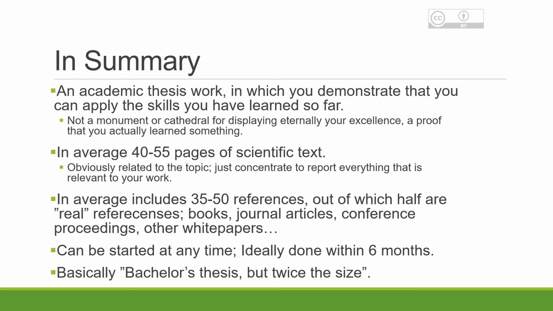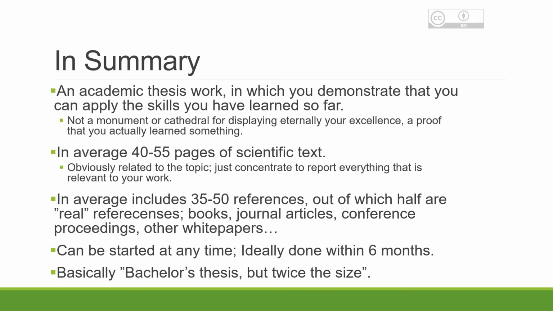But on average, this usually nets to about 40 or 55 pages of text. Sometimes it might go closer to 100, sometimes it might be less than 30 pages, but this heavily depends on the type of challenge or problem you are solving with your master's thesis work.